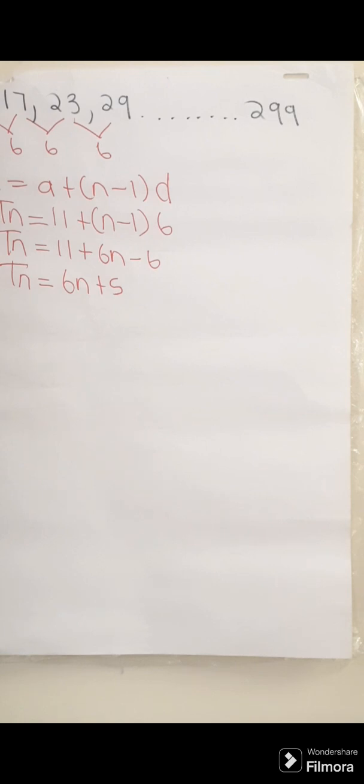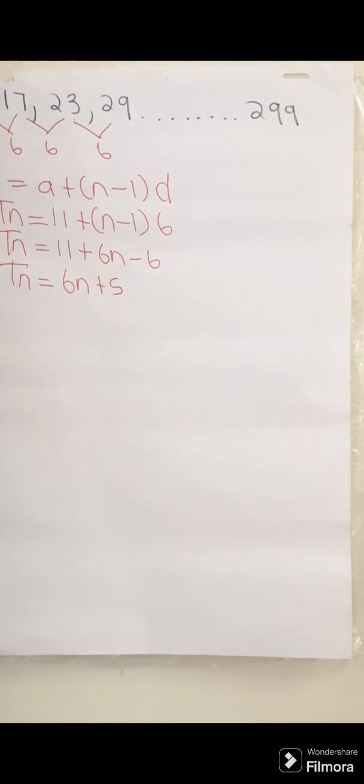If you want to see whether this answer is correct, you can substitute any of these term numbers in the place of n. Let's say 2: 6 times 2 plus 5. How much is 6 times 2? It is 12, and then plus 5 gives 17. So it's 17. Or you can also replace n by 4 or whatever, just to see that you have got it right. That's how you check if your answer is correct.